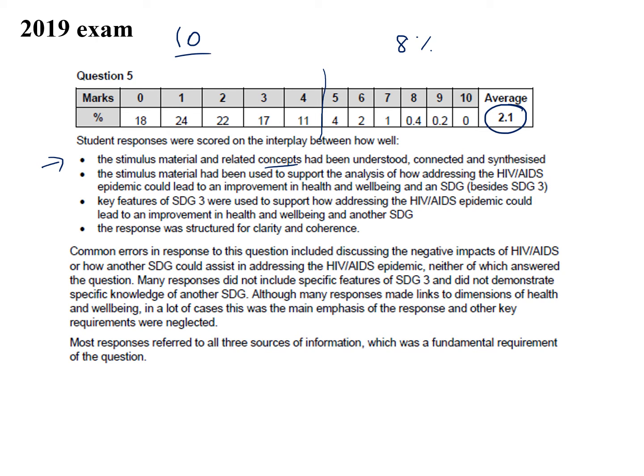They looked at how the stimulus material was used to support analysis of addressing HIV/AIDS in relation to SDG 3. They were also looking for another SDG, and then how those things were related to each other, and again, how it was structured and the quality of writing.